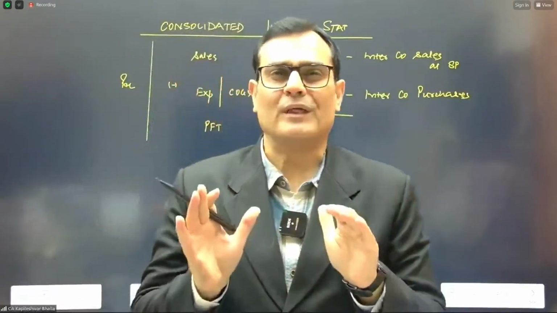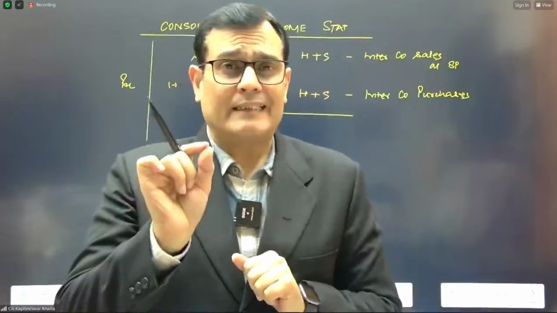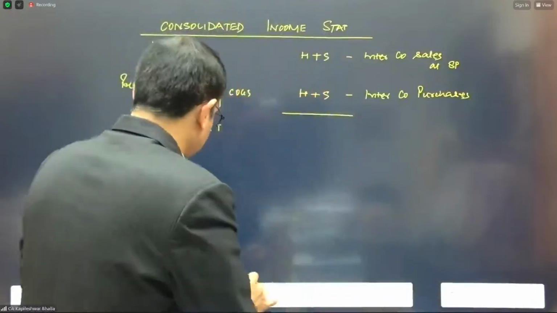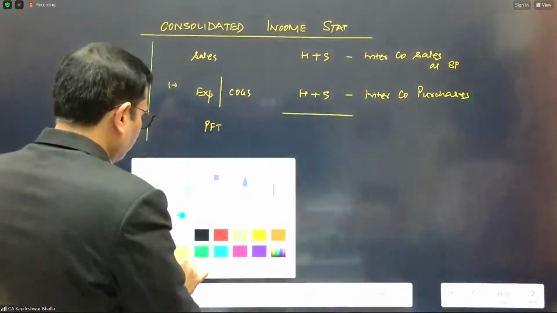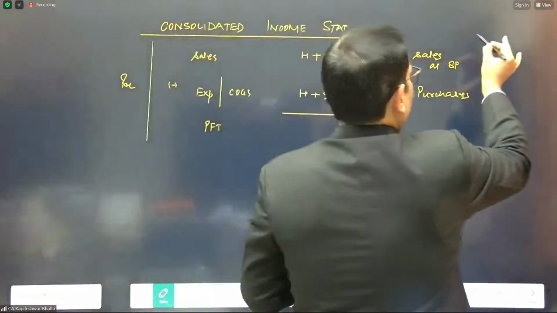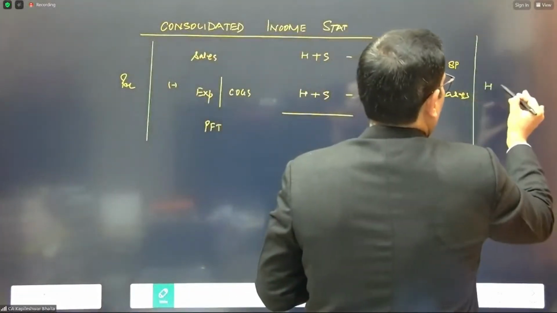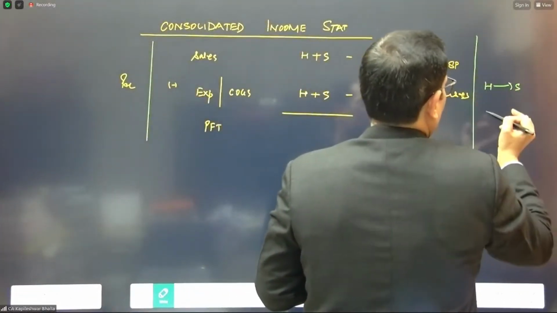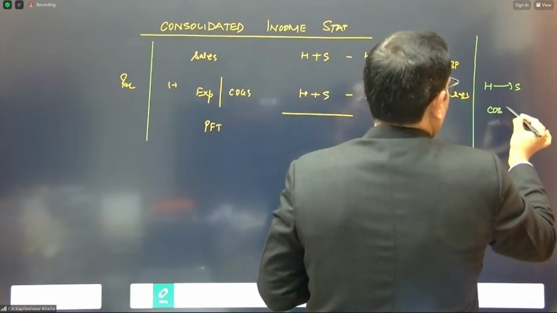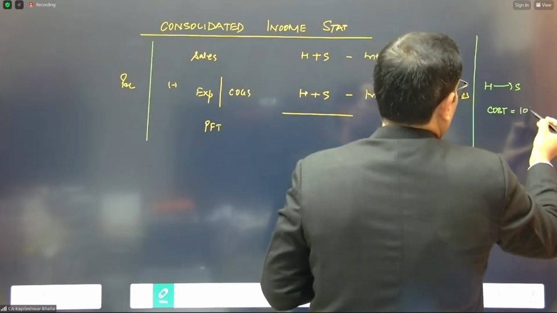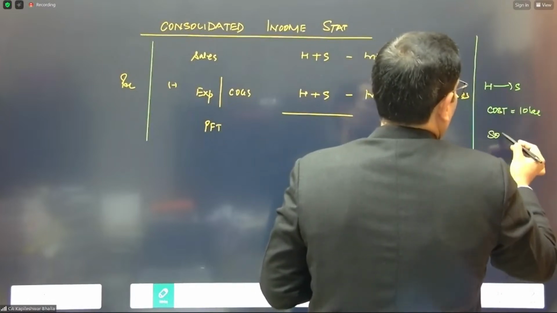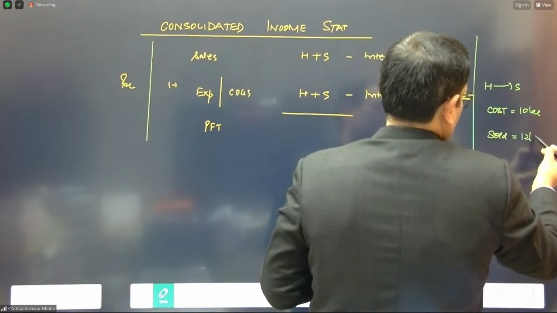But let me tell you one thing. At this particular stage, let's take a simple example to illustrate one simple point to you. Let's say, for example, the holding company sold goods to the subsidiary and the goods were costing 10 lakhs and it was sold at 12 lakh.